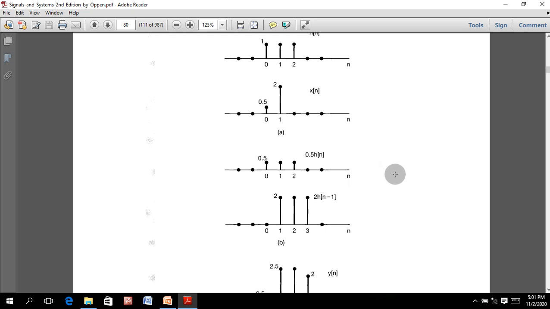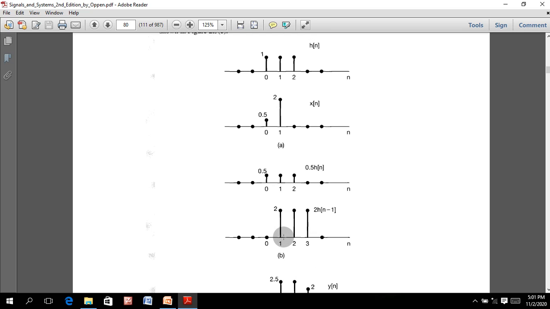But in case of h of n minus 1, we have to understand that k is equal to n. Without k equal to n, the impulse response will be 0. So that's why this signal has been started from here. The impulse response has started here as we have used h of n minus 1.